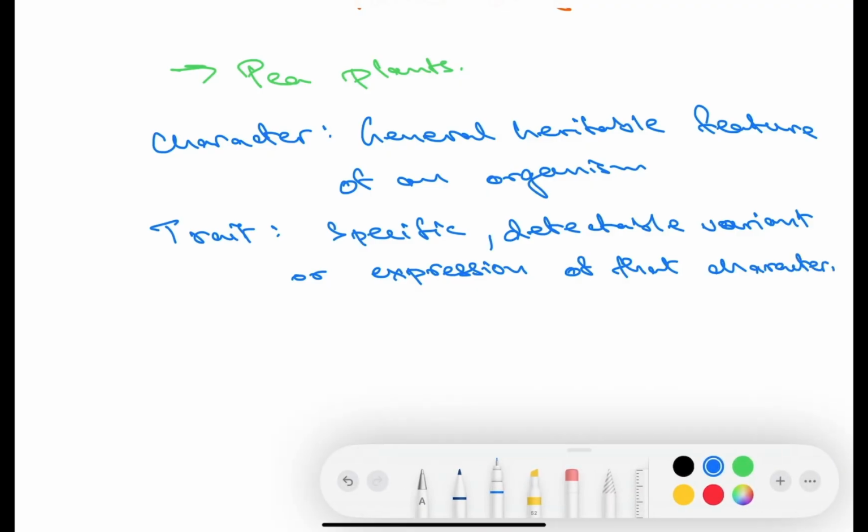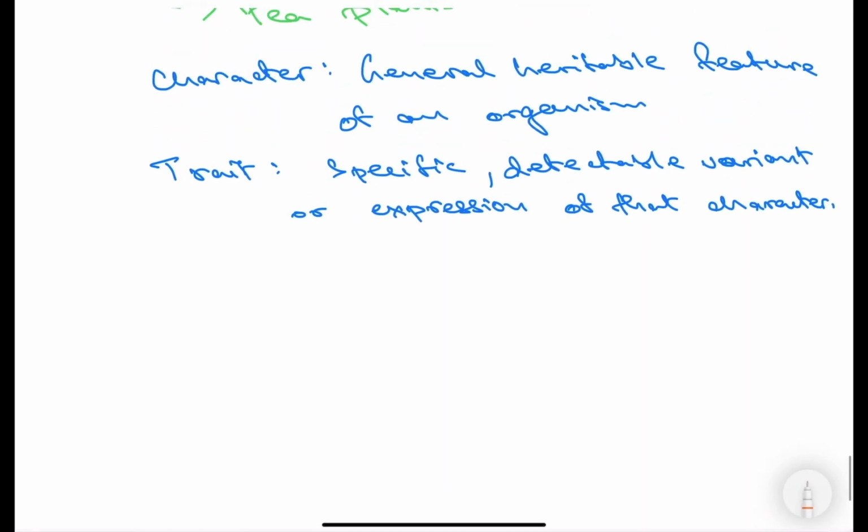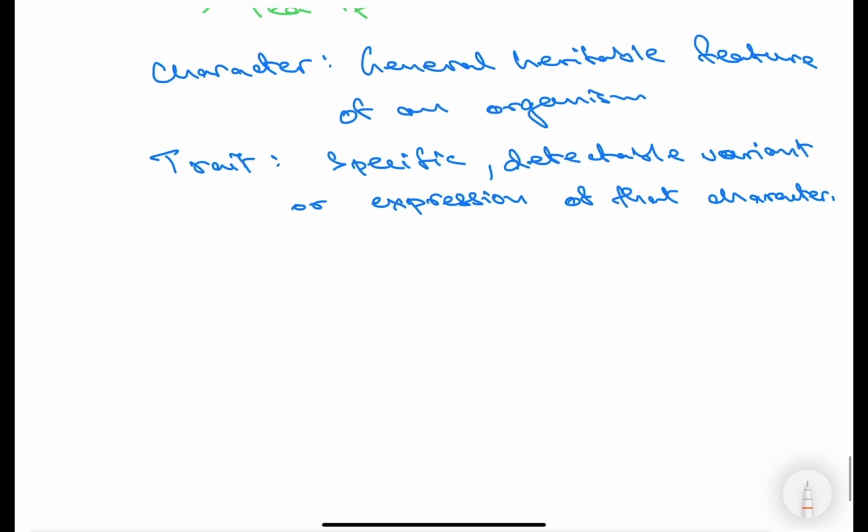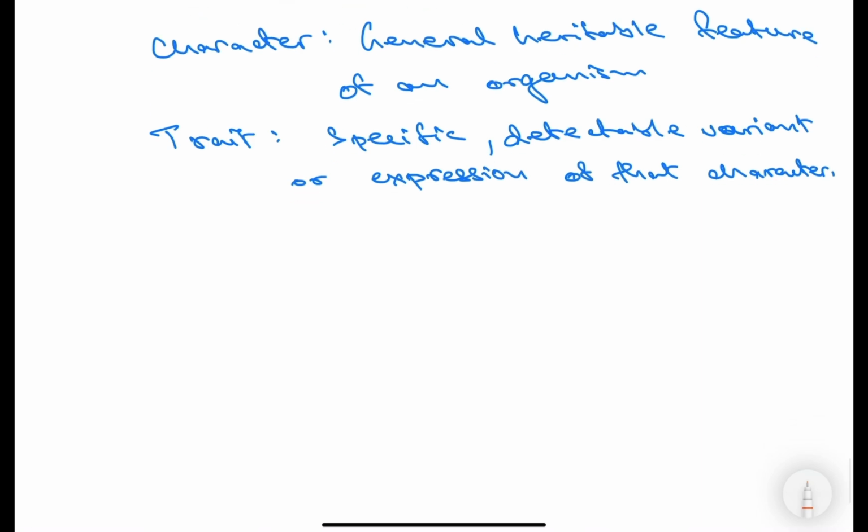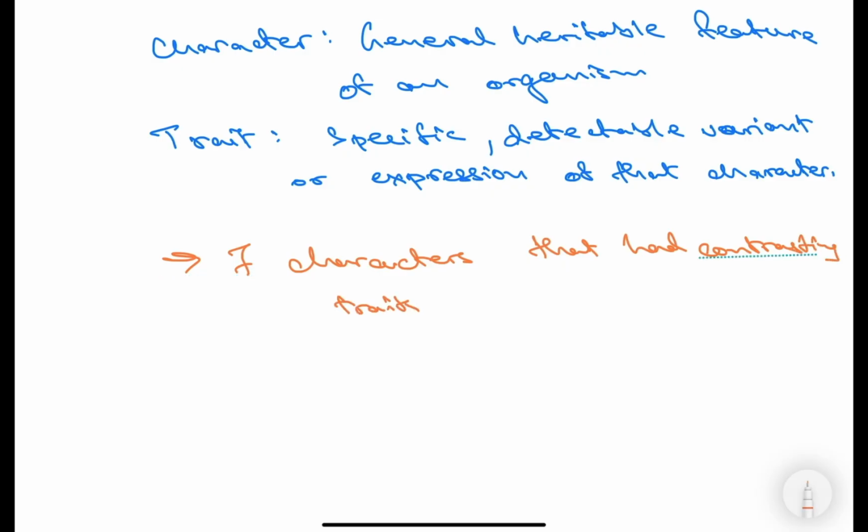So Mendel chose pea plants with 7 different characters that had contrasting traits. Contrasting, I guess you know the meaning of the word, means very easily detectable and different. So he chose 7 characters that had contrasting traits. Let me give you an example.